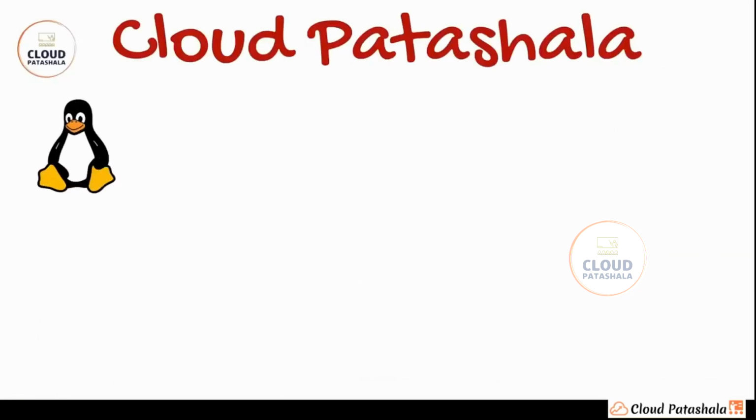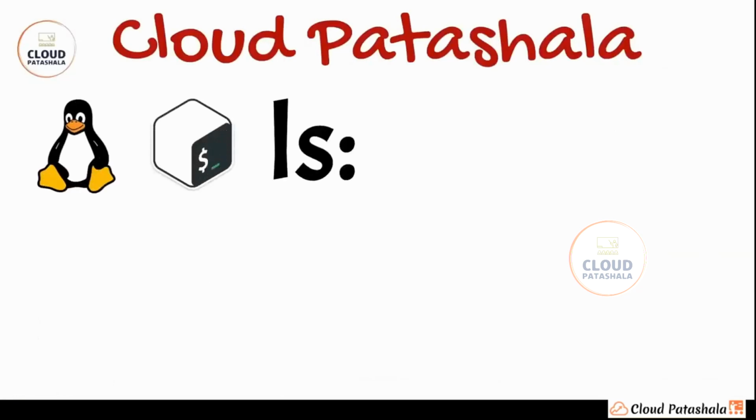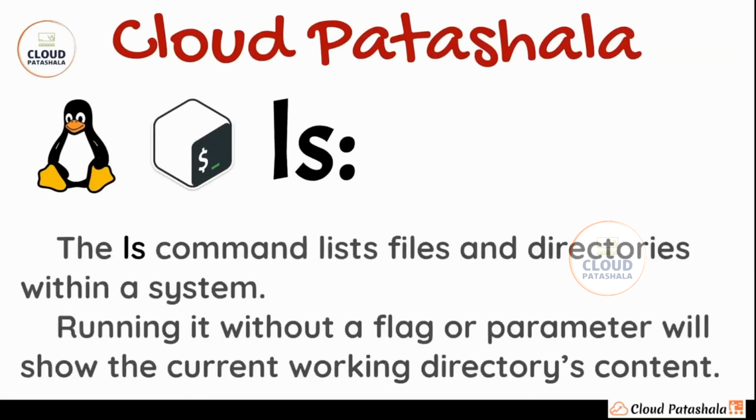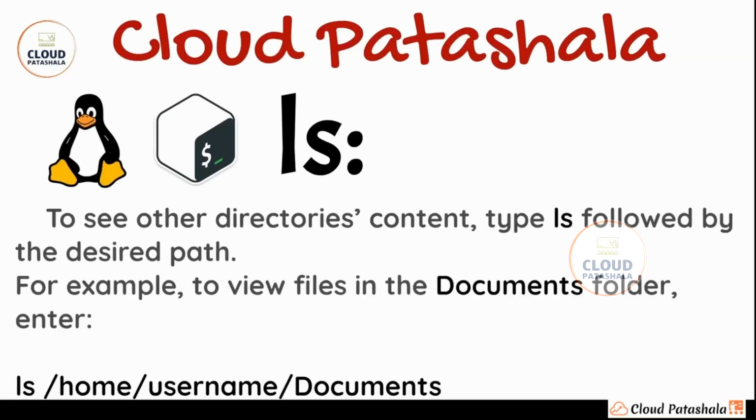So let's start by looking into the first command, that is ls. ls is nothing but for listing the files and the directories in our system. Running it without a flag or a parameter will show the current working directory contents, that includes the list of files and directories. To see other directories' contents, type ls followed by the desired path.